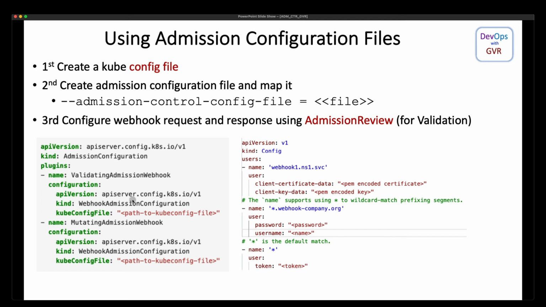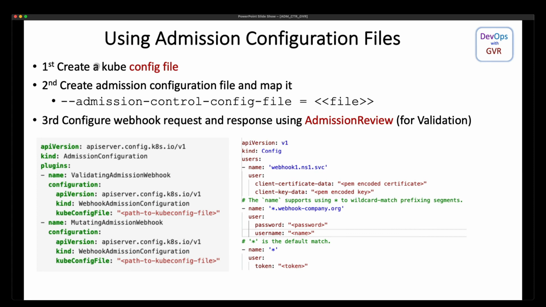Another validating one is in this particular namespace, at this particular DNS, whereas this particular service requires this client certificate and this client key, whereas this one requires a username and password, and this one requires a token. So you can specify each individual configuration and map it to this particular admission configuration, right?